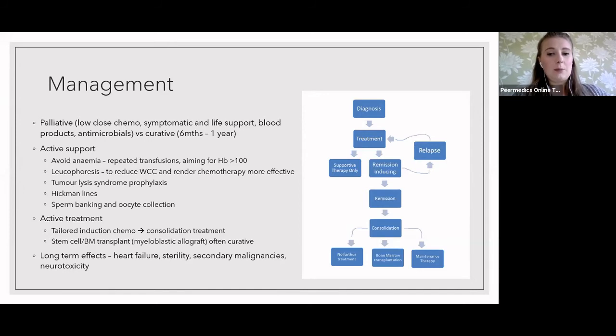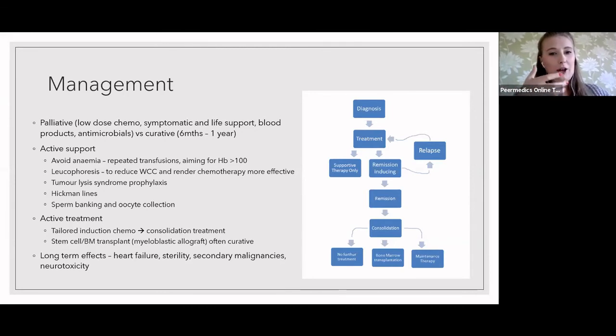So generally when you treat with chemo, you start with what you call induction treatment, and then you move on to consolidation treatment. Induction treatment is going to kill most of your tumor. And in consolidation treatment, you'll use slightly different agents, and that's going to continue to cut the tumor down, but more slowly.